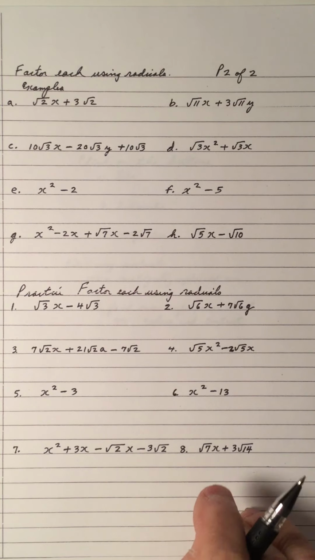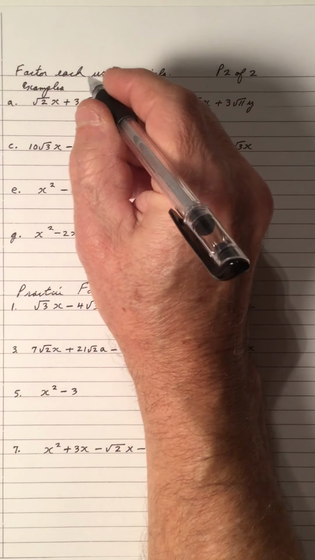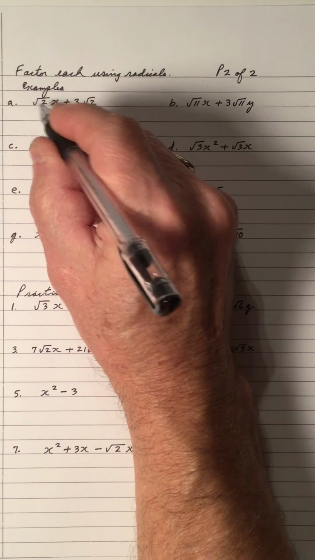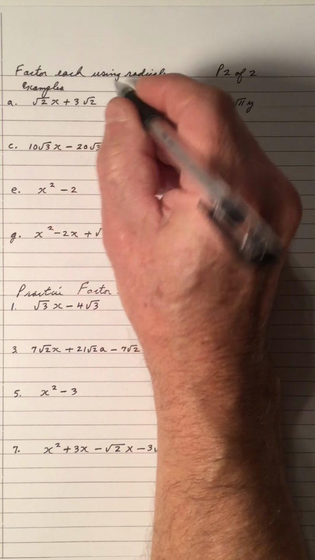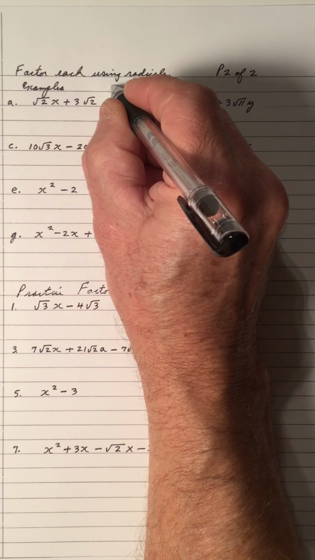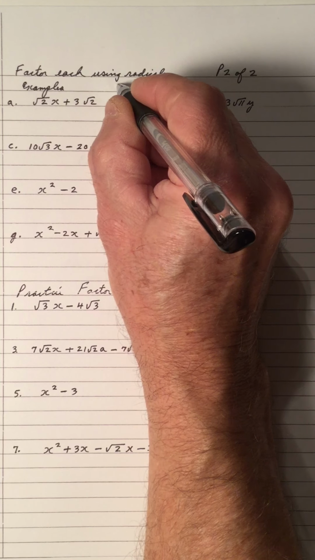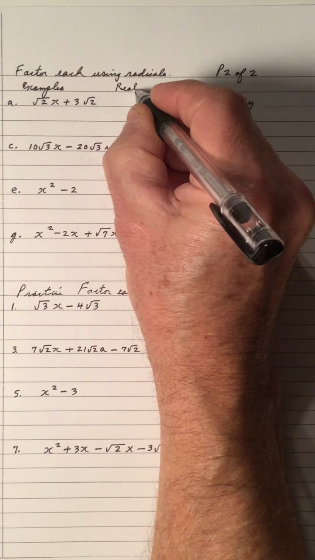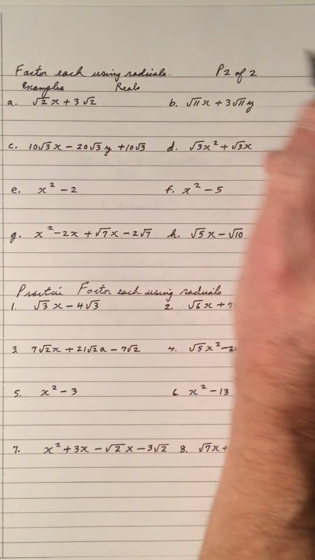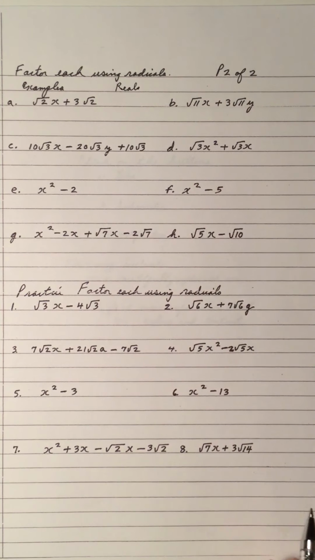Factor each radical. Notice now that these numbers belong to the irrational numbers, so we're factoring over what we call the real numbers, R. Before, all of our factoring was related to the integers or rational numbers.